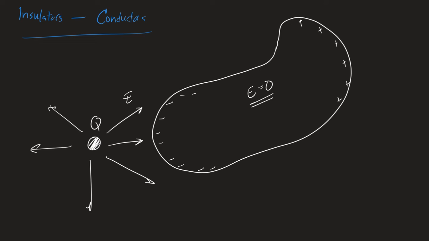This will create an electric field inside the conductor that opposes the external electric field, creating the conditions to always have an electric field of zero inside a conductor. In all situations in which you have a conductor, the electric field inside will always be zero, regardless of any outside influence. The charges will always arrange themselves in such a way that the electric field inside will be zero.